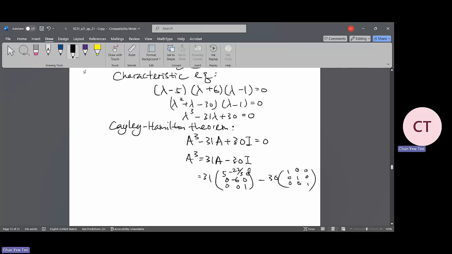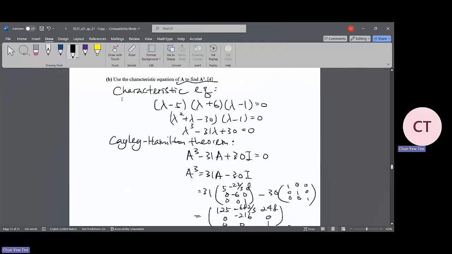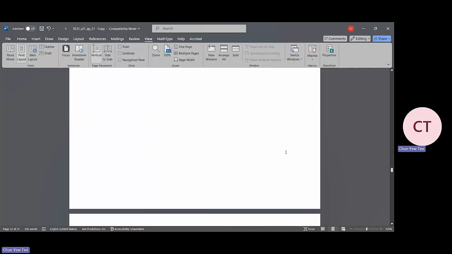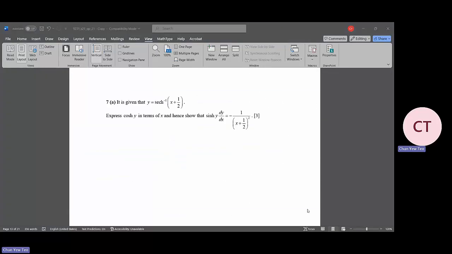So expand, simplify, then you will get the answer as 125, negative 682 divided by 3, 248, negative 216, 0 and 1. So this will be the answer for B, A cube. Done. Moving on, we have question number 7.